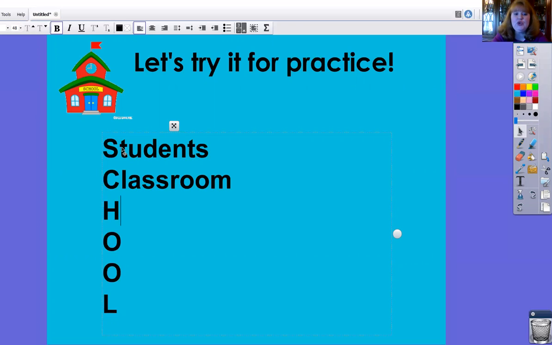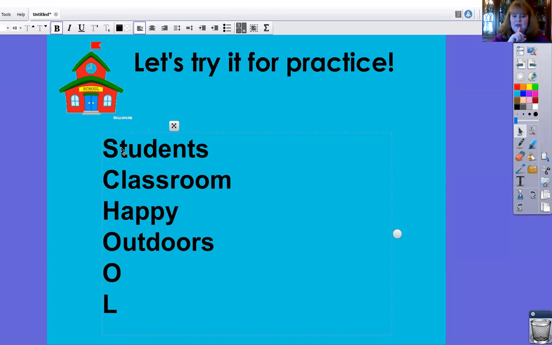The H could be for happy, because we're happy when we're all together, and oh, we'll be so happy when we get together again in the fall. Oh, we've got 2 O's to use. Oh, can you think of O words to use? That's a little hard. Well, we play outdoors for recess, so we could use that for one of them.